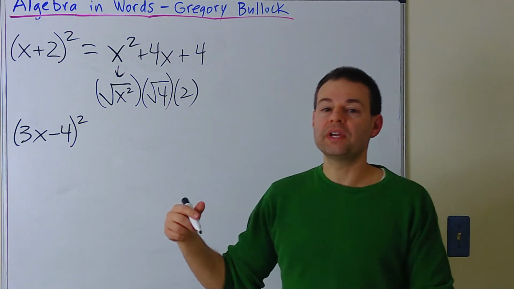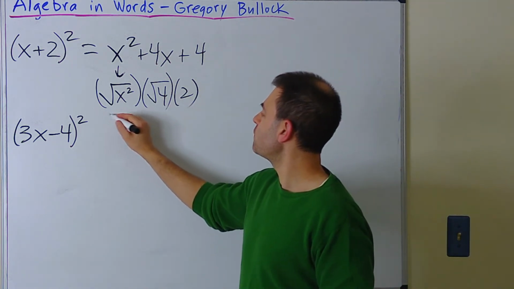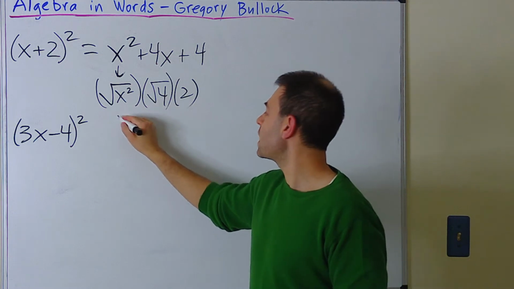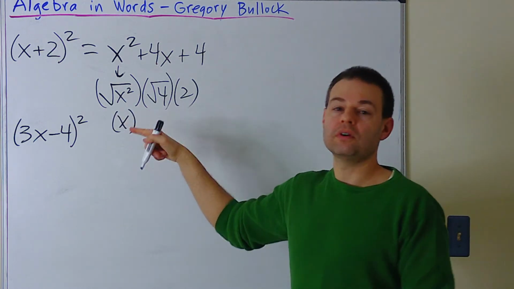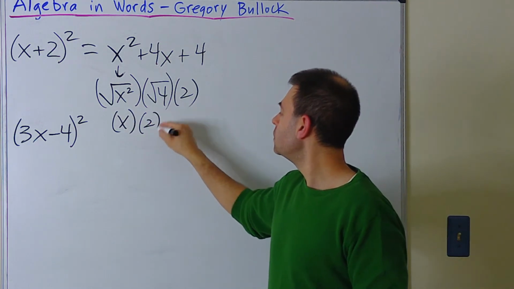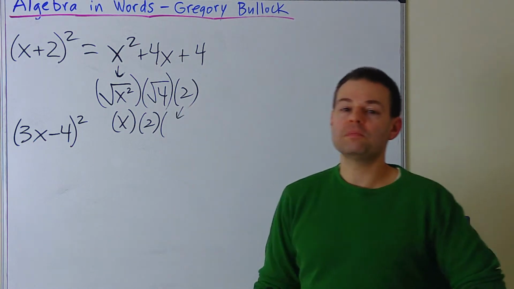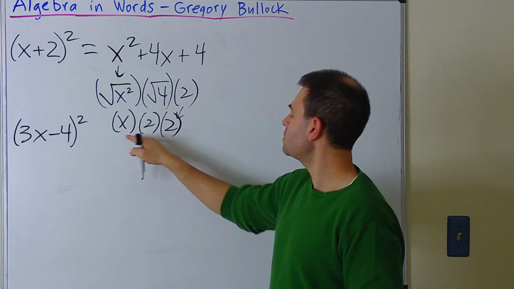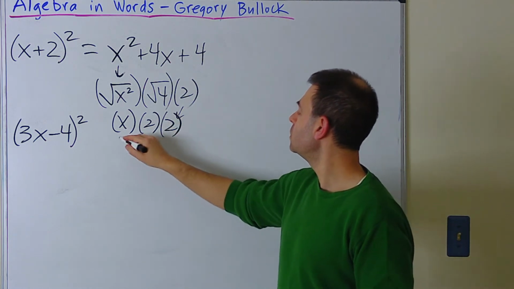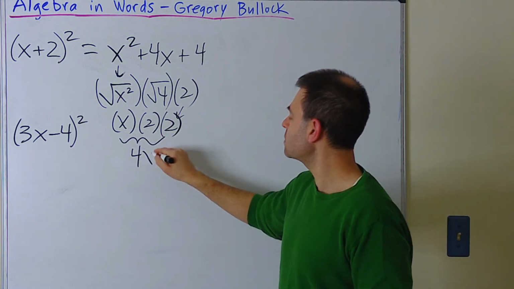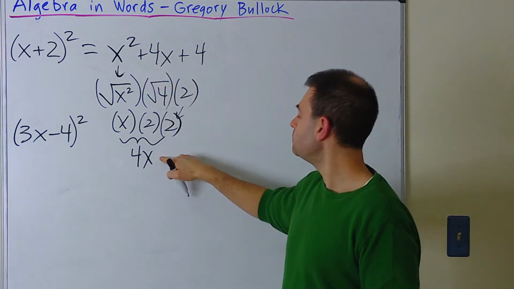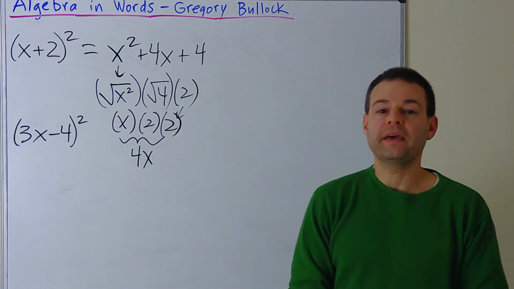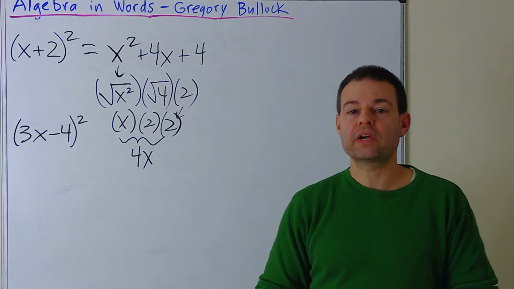So in summary, if we were to reduce this further, the square root of x squared is x, the square root of 4 is 2, and we always multiply those two by 2. And if you notice, x times 2 times 2 gives us 4x. That's the middle term. And that's what makes a perfect square trinomial.